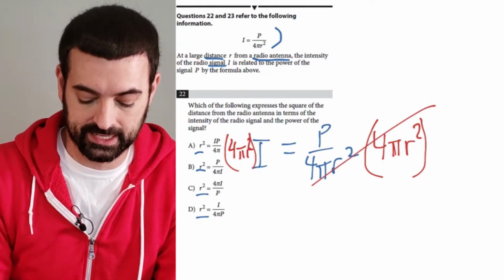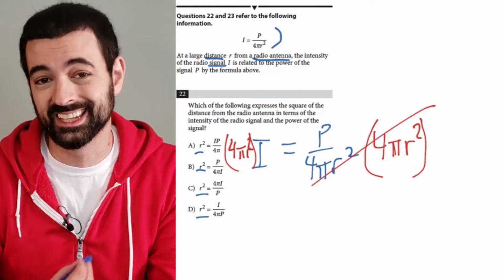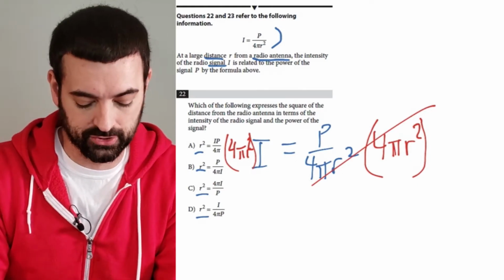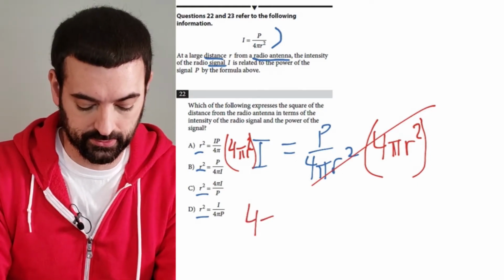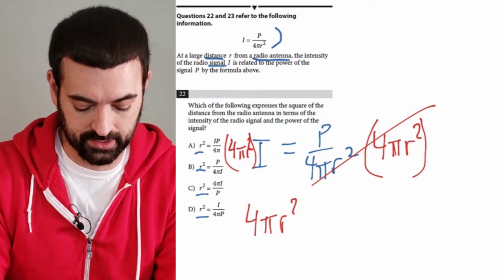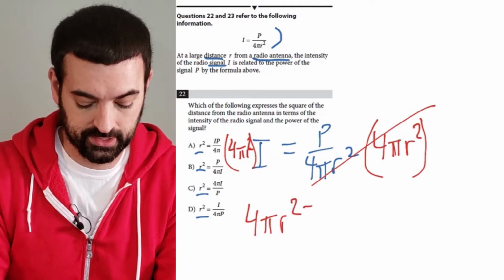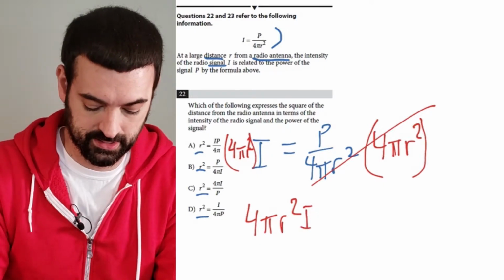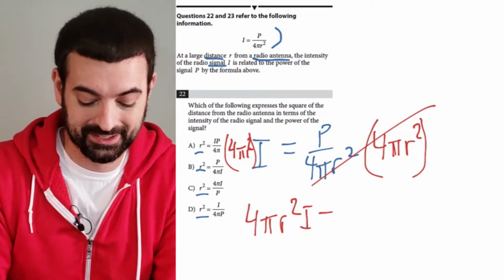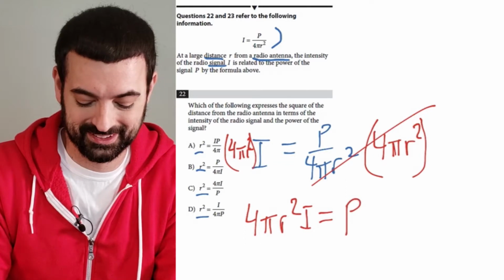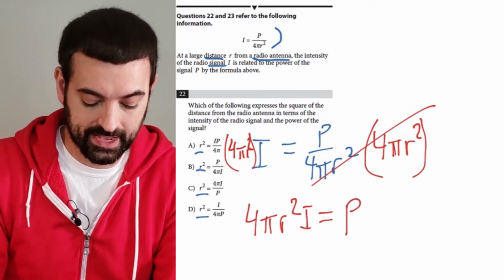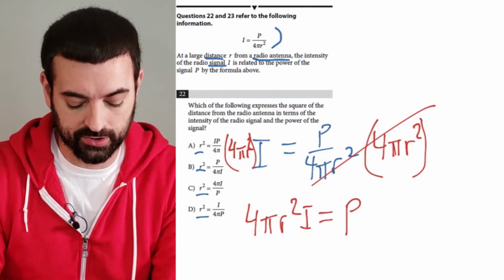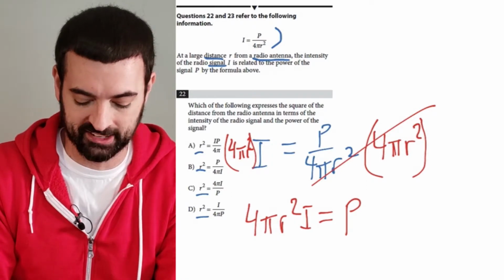And now I can cancel, and I'm going to have a really easy piece of information to work with. I've got 4 pi r squared I equals P.